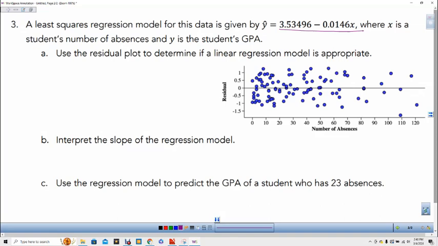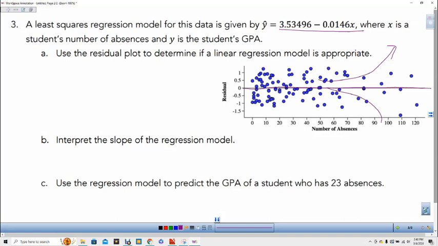Well, as we look at this, what we can see is this thing's scattered out all over the place. There are just as many above as there are below the zero line. And it's almost on like a one-to-one thing. There's not a certain pattern that's taking it off in this direction or that direction.